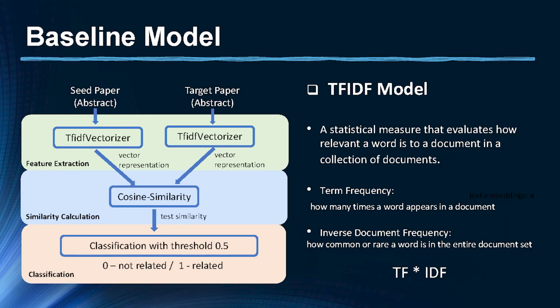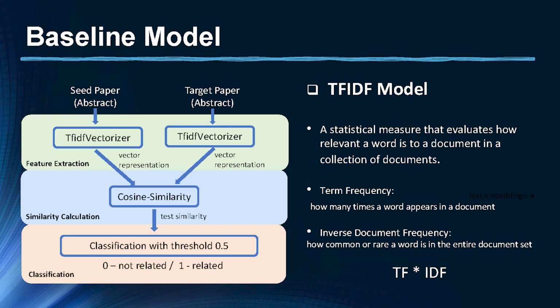Both of our models measure the similarity of the context paper and the candidate paper in pairs and output a binary label indicating whether the two papers are related. Our baseline model is a TF-IDF model that evaluates how relevant a word is to a document in a collection of documents.